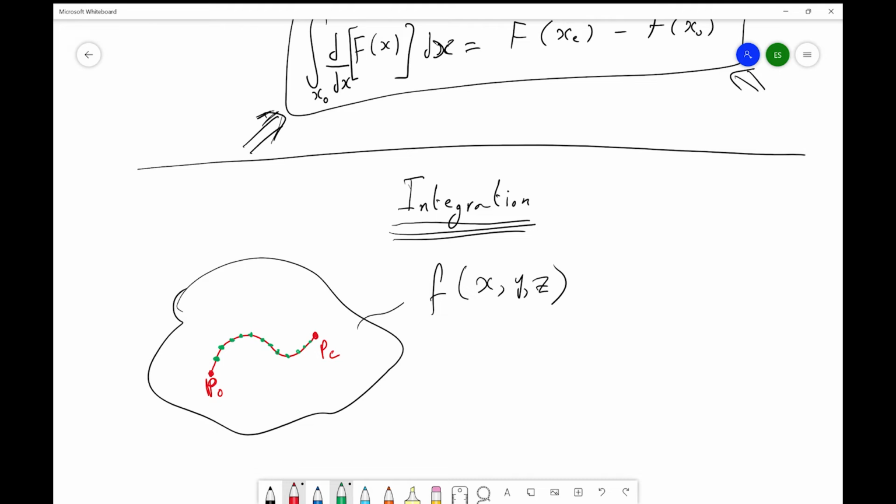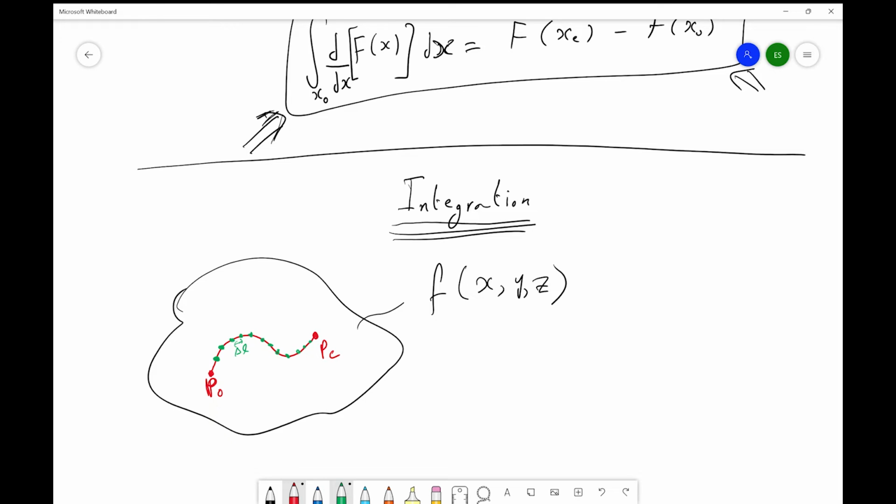So this sort of thing, where I'm summing the function along this line, of course I'm not going to have a finite sum, I'm going to have an infinite number of points. I'm going to take a limit as the number of points on the line goes to infinity, and apply a measure of delta L so that I can get a finite limit. Although I'm summing an infinite amount of numbers, I want to get a finite limit.